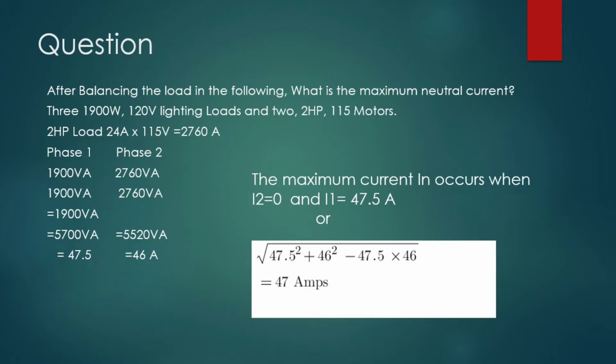So on phase one, we have three 1900 VA lighting loads, and phase two is designated the two horsepower motor load. The value as calculated for the motor load is 2760 VA.